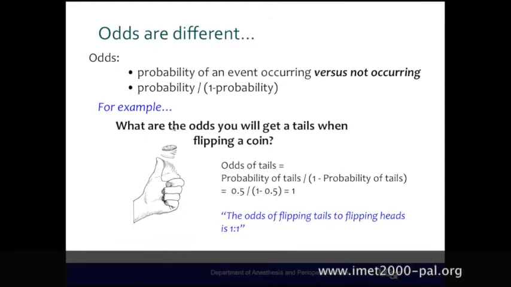That would translate to a probability for tails up of 50 over 100, or 1 in 2, or 0.5. And stated in normal phraseology, we would say that there's a 50% probability of tails. Probabilities are used frequently in descriptive studies.